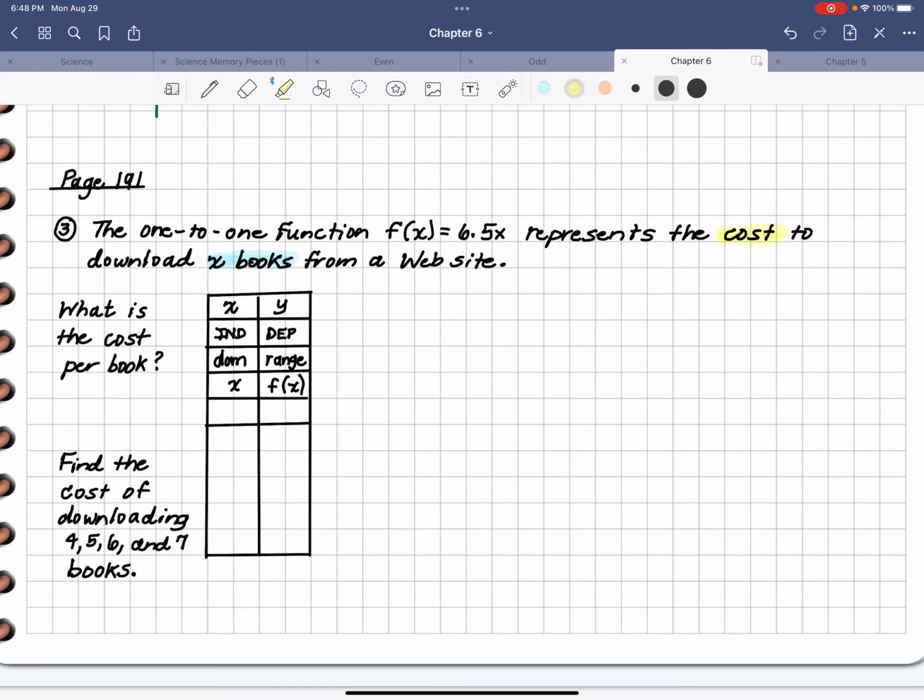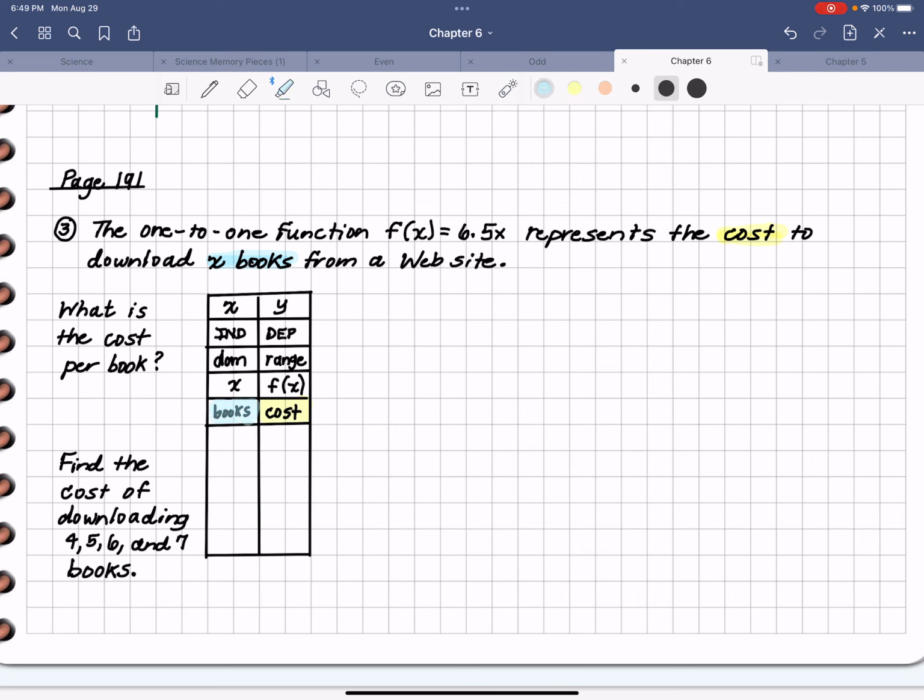So we are going to use X as a measure of books, and f of X is going to be the cost in dollars. So go ahead and remember all the labels, but then figure out what the labels are in our particular graph.